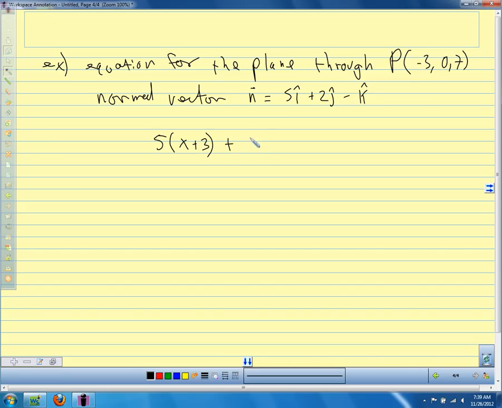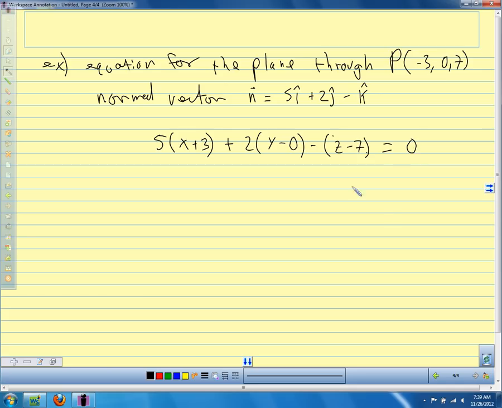Our coefficient on the y's comes from the y component of the normal vector, y minus our given point, 0, and minus 1 coefficient. Our z component gives us our coefficient on the z's, minus 1 times z minus 7, and this equals 0.